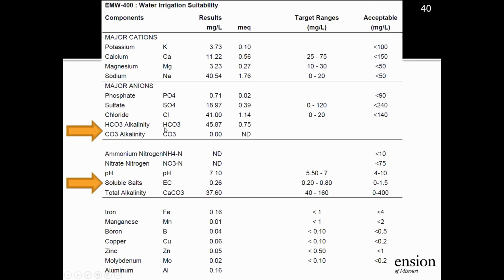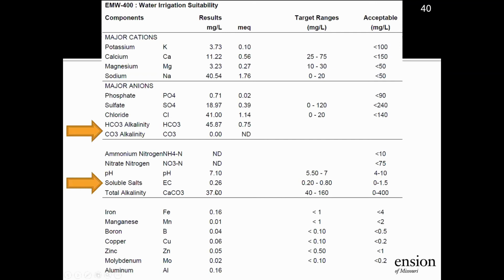You can report it as bicarbonate, HCO3, or you can report it as calcium carbonate, right? The only difference is the test that they make. One of them looks for HCO3 and the other one looks for calcium carbonate. But the interpretation is what you need to look at. If you're over 160, that means that your water over time is going to tend to increase the pH of the soil.